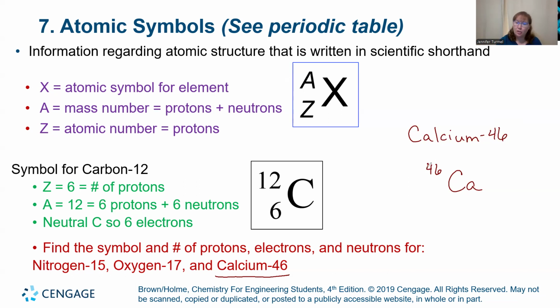We'll be showing you how to look at that a little later. It tells me that my atomic number is 20, so that means that I have 20 protons and 20 electrons. To find my neutrons, I do 46 minus 20, and for this particular isotope, I see that there are 26 neutrons. Hopefully that wasn't too bad.